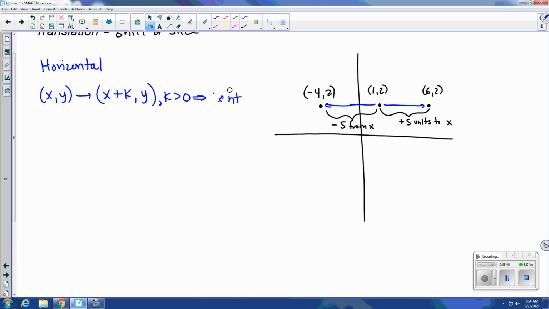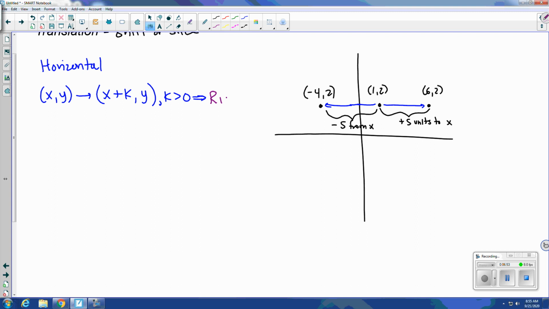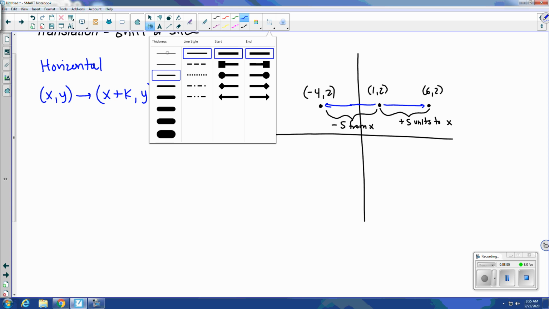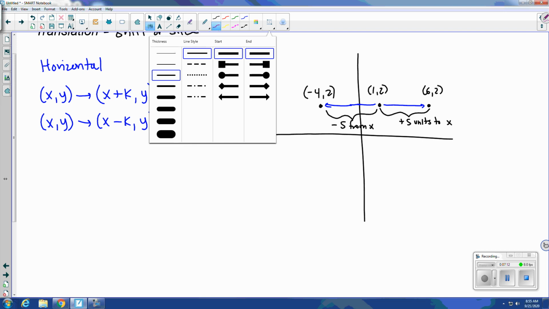Let's put that in a different color. So this will go right, whatever that number k is. If we were to subtract some number from x, where that number we are subtracting is positive, again, these are important conditions, then we're going to go left k.